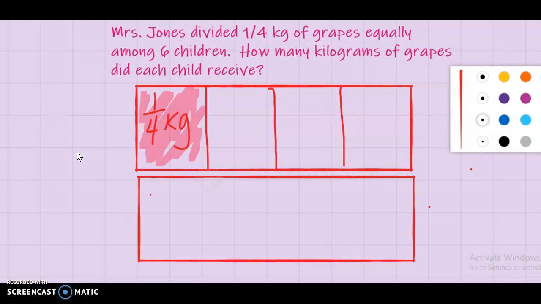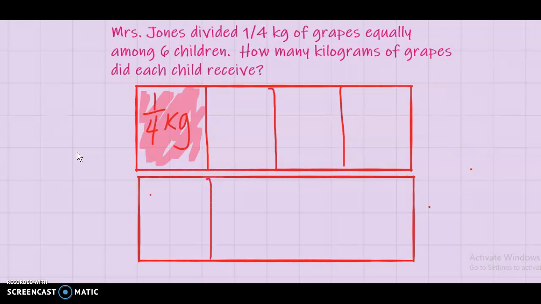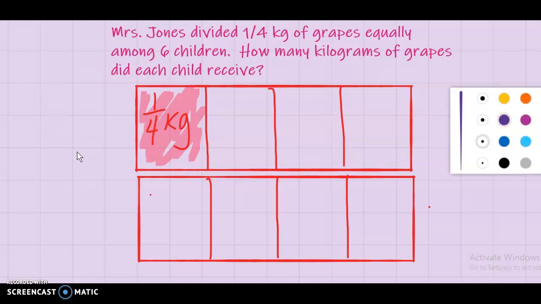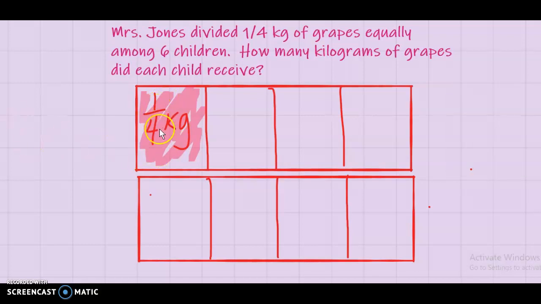Let me start by dividing it into fourths again. And remember, this is how much she had. So this is what she's dividing up among 6 children. That means I have to divide this into 6 equal parts.